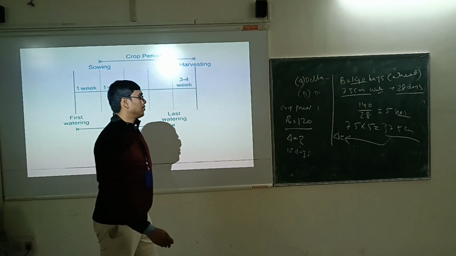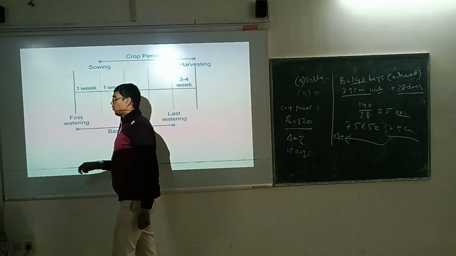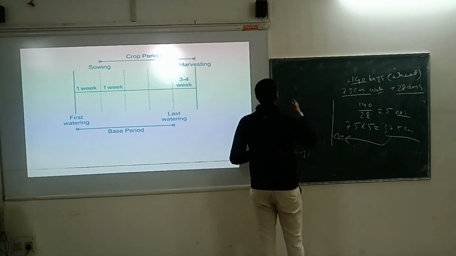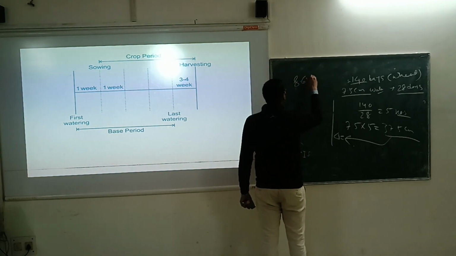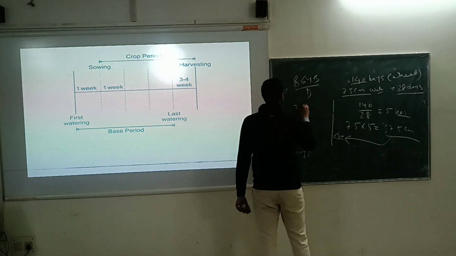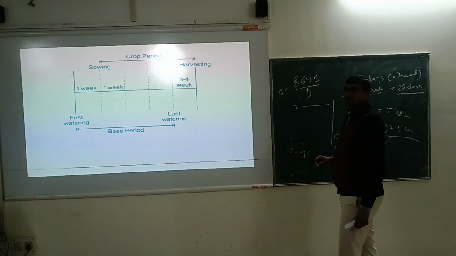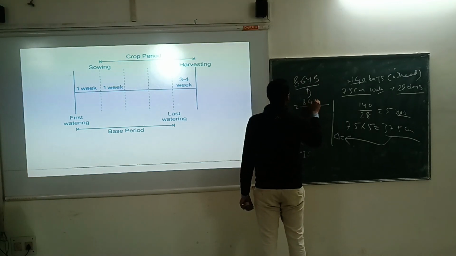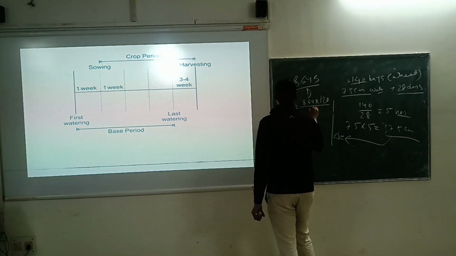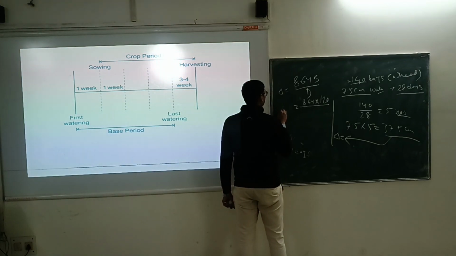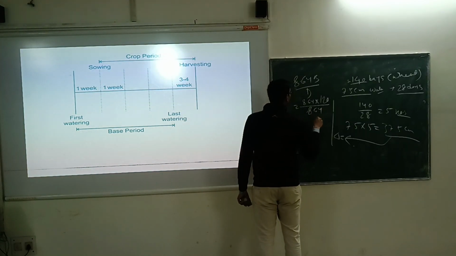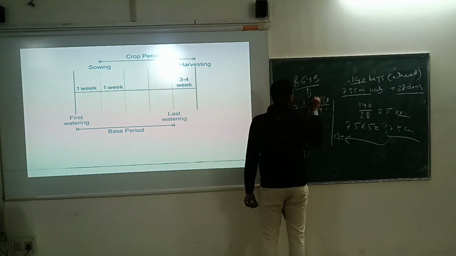Very easy. 1.2 meter. Yes, we already know the relation between delta and B, that is delta equals 8.64 B by D. So what is given? 8.64 into 120, and D is given as 864.